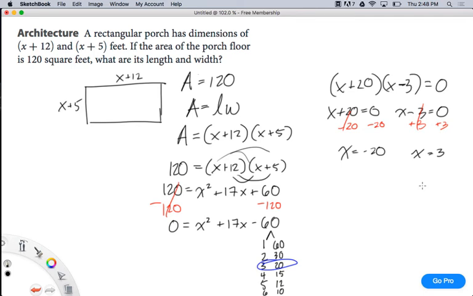Wait, what is it actually asking for? The length and the width, right? So it's not asking for what x is, it's just asking for the length and the width. So which do I use, negative 20 or 3? 3. Why don't I use negative 20?